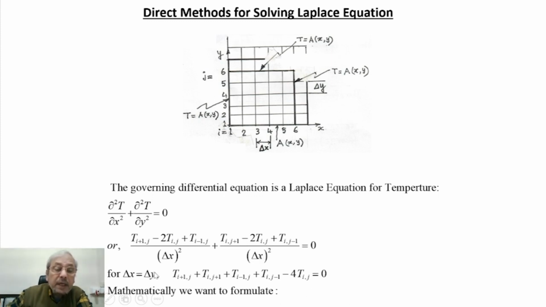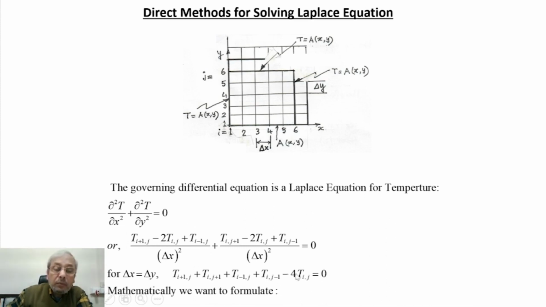Then we will be able to write T(i+1,j) plus T(i,j+1) plus T(i-1,j) plus T(i,j-1) minus 4 T(i,j) equal to 0.